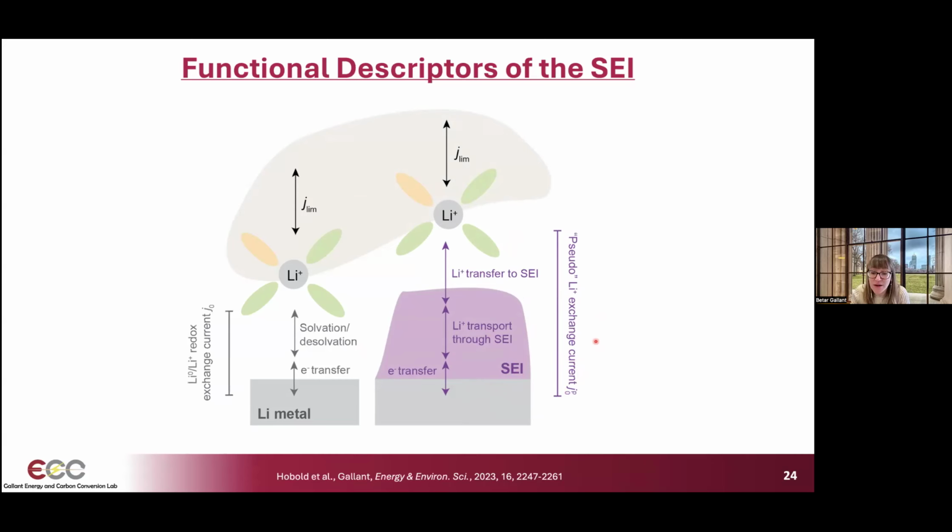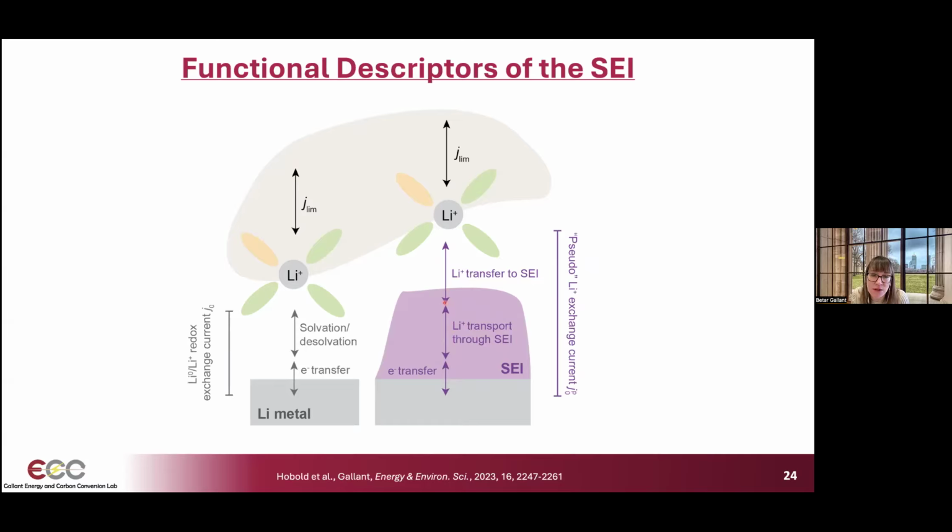However, there's no established method to really measure exchange with a reacted surface film present, or at least the approach was not obvious. So we set about trying to do that, and we reasoned that if we could figure out how to measure this, we could investigate how it relates to cyclability. I want to emphasize that we call this a pseudo lithium exchange current to make the point that this is mediated by coupled processes. We're not making a claim as to which is rate limited.